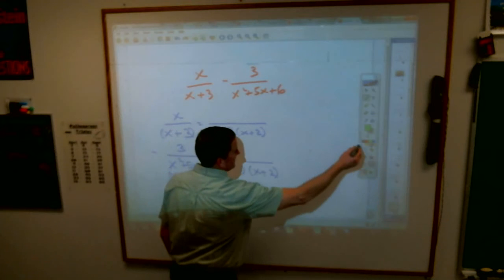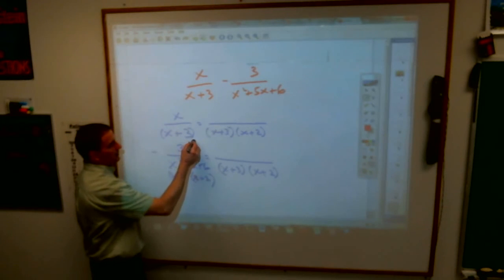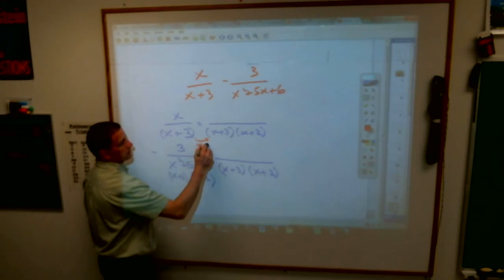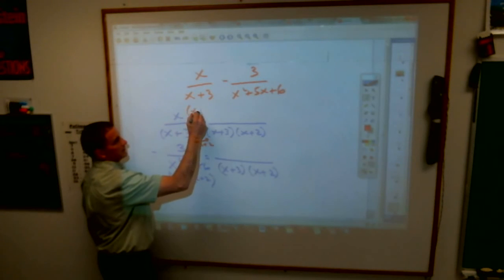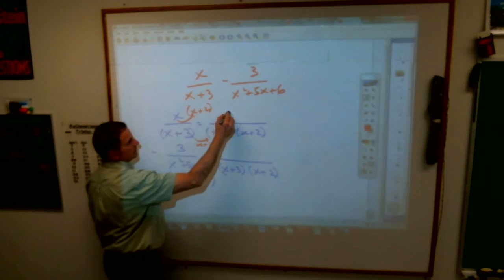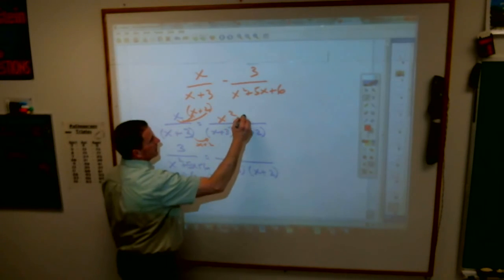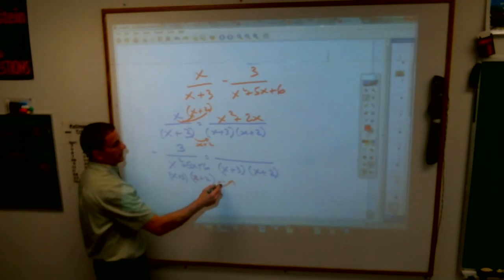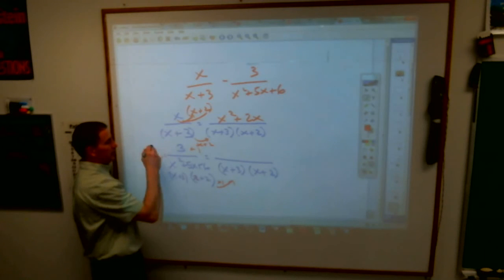Now, what's missing here? What do I have to multiply this by to get that? X plus 2. So I have to multiply the top by x plus 2. It's distributive property. X times x is x squared. X times 2 is 2x. This is already what it is, times 1. So times 1, don't forget this.